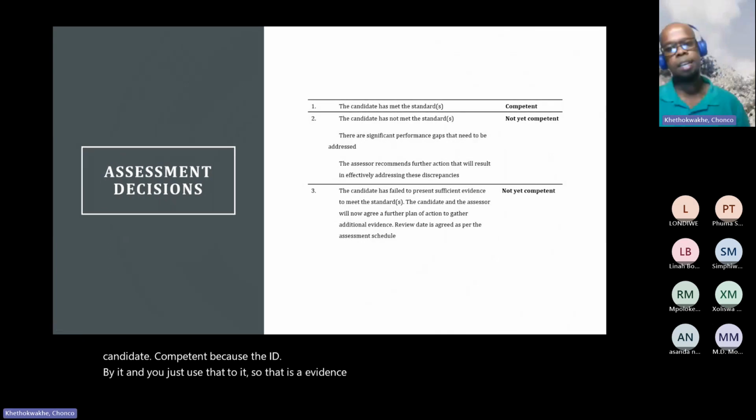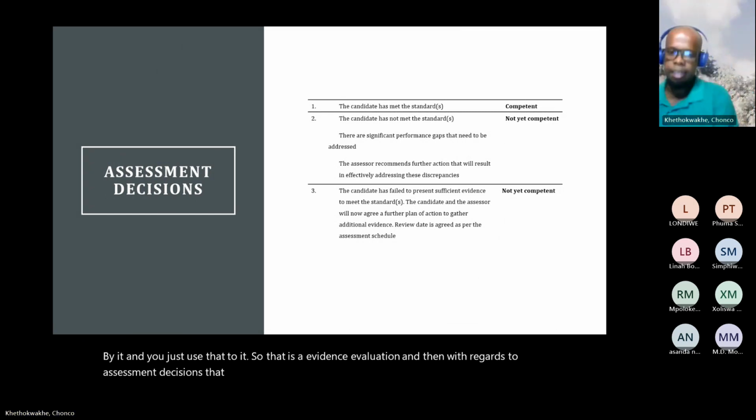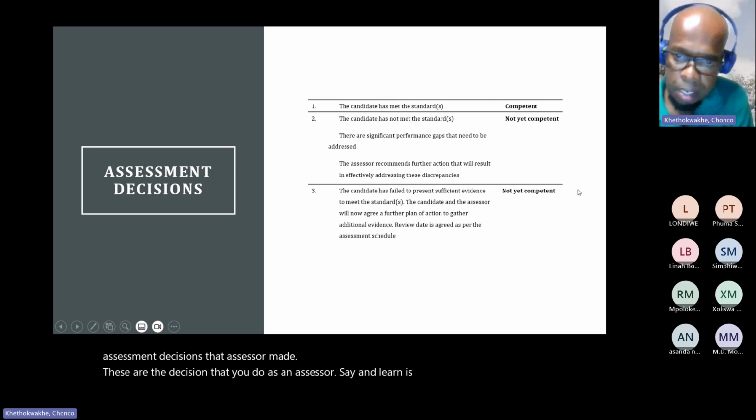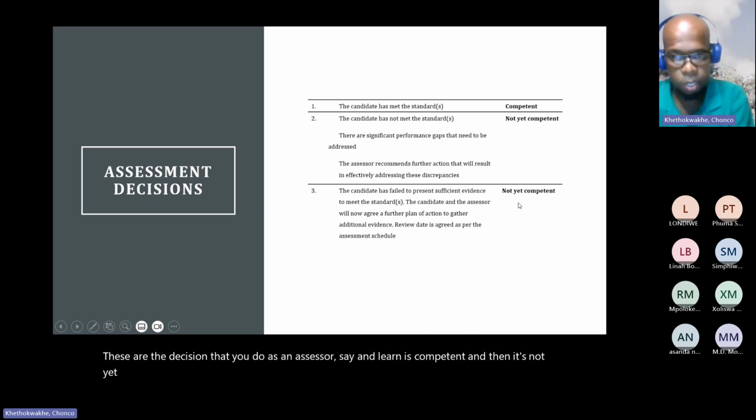And then with regards to assessment decisions that the assessor makes, these are the decisions that you make as an assessor. You say, learner is competent, or learner is not yet competent. Why do you say learner is competent?